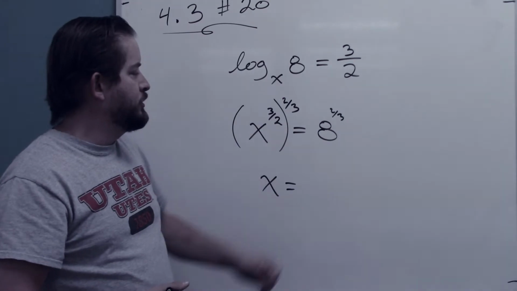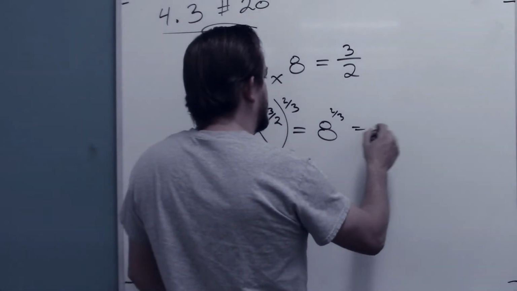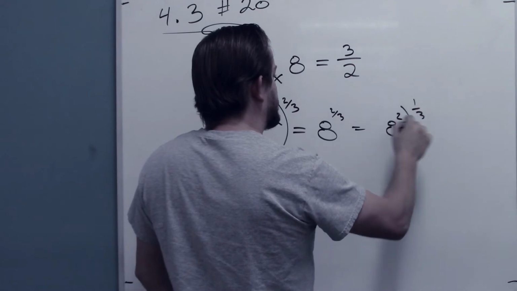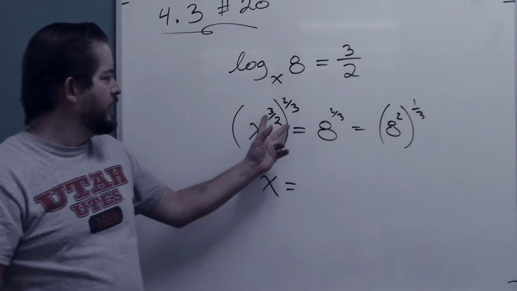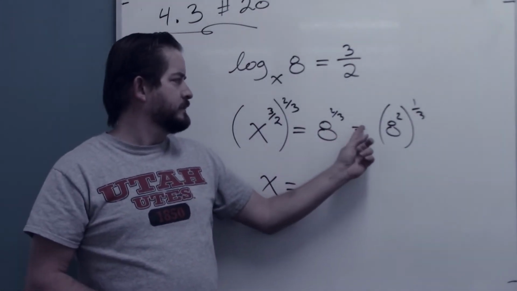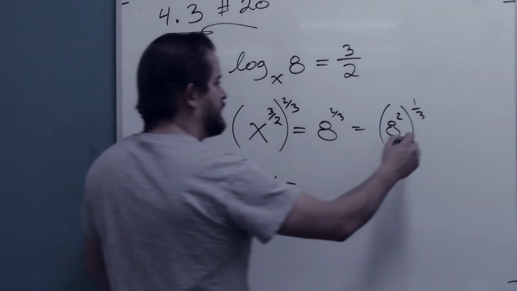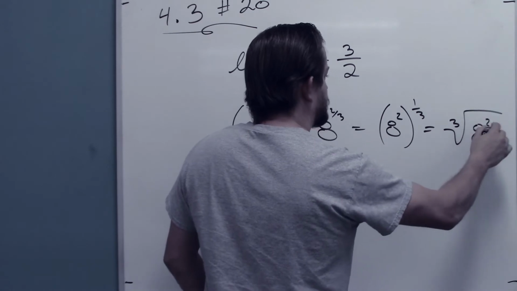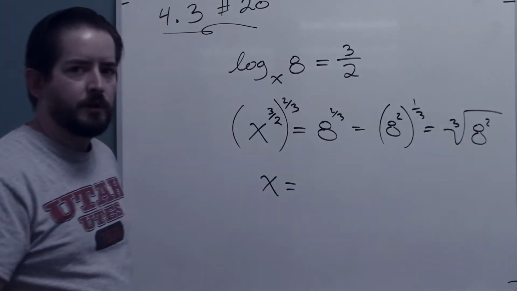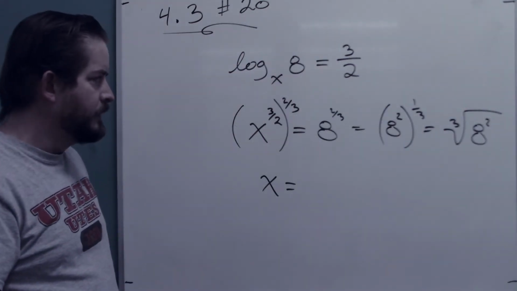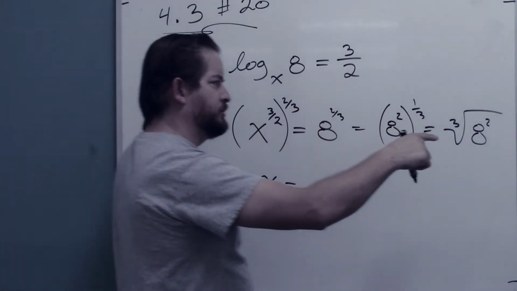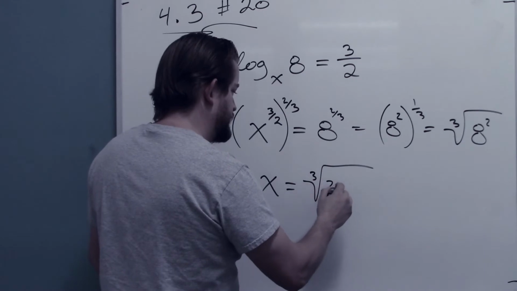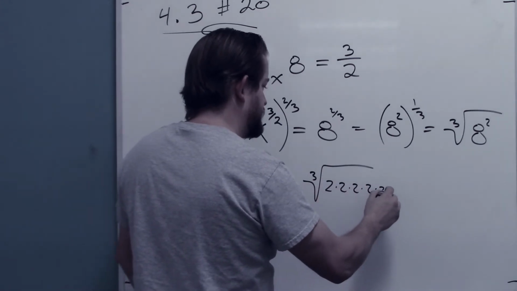8 to the 2/3, I can treat this as though it were 8 squared to the 1/3, right? Kind of doing the opposite of multiplying these. This is to say that I have the cube root of 8 squared, or the cube root of 64, right? But 8 is just 2 times 2 times 2, so if I square that, I have the cube root of 2 times 2 times 2 times 2 times 2 times 2.